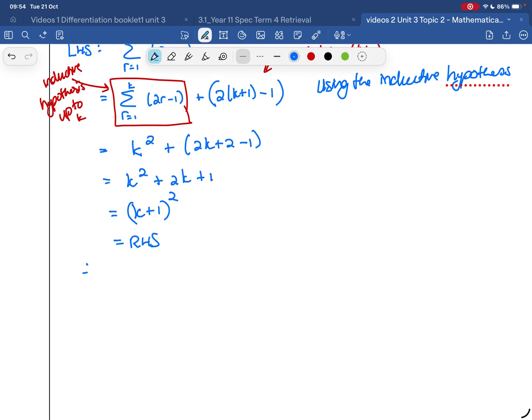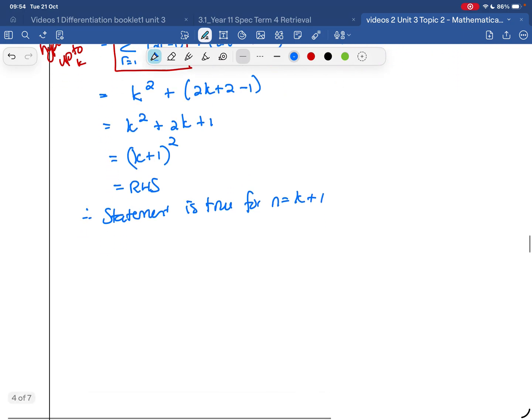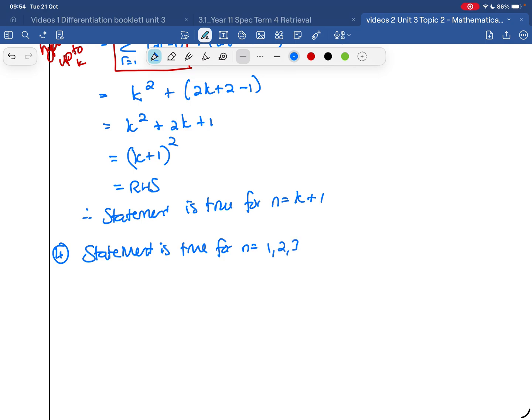Okay, so therefore my statement is true for n equals k plus 1, and then I just need to finish off saying that my statement is true for n equals 1, 2, 3, all the way to k and k plus 1.